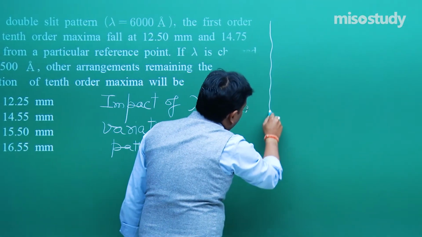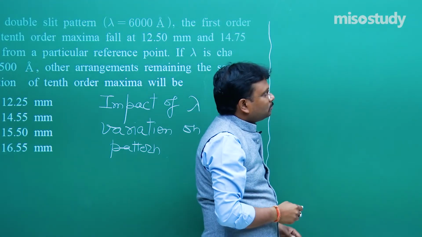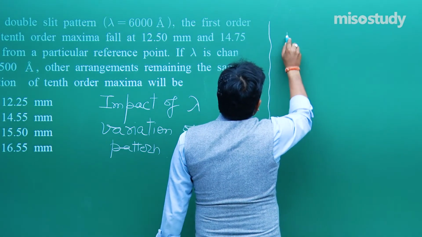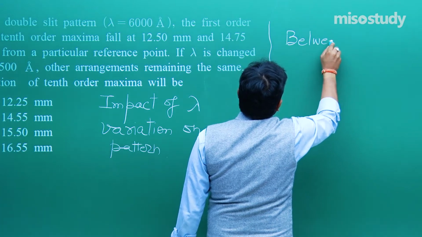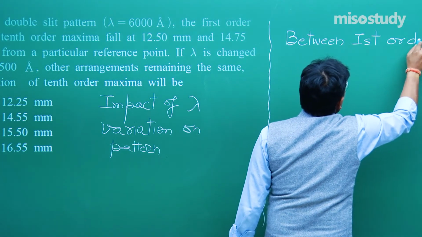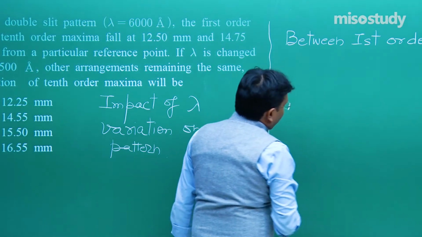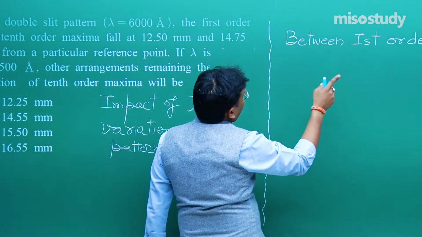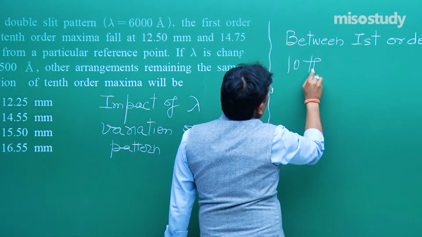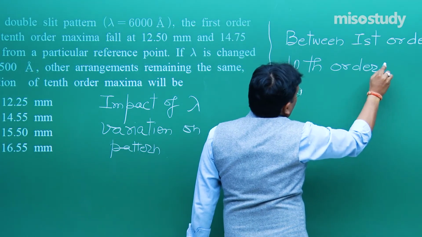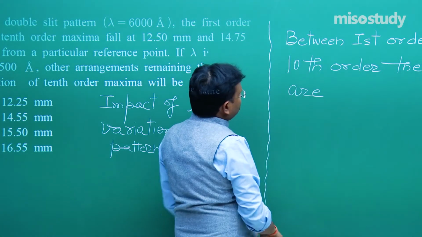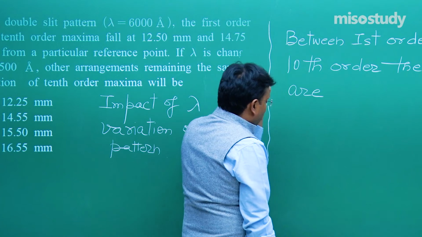Few sentences I am writing. I hope you will find this explanation easy, and that explanation is between first order and 10th order there are 9 fringes.